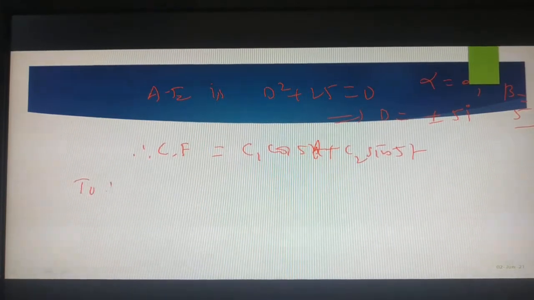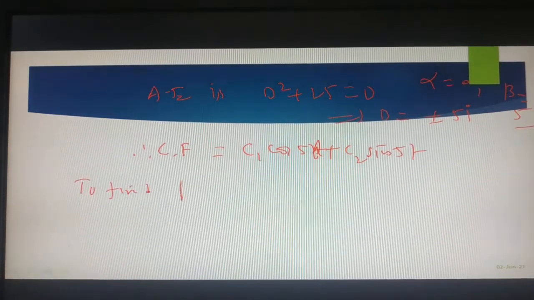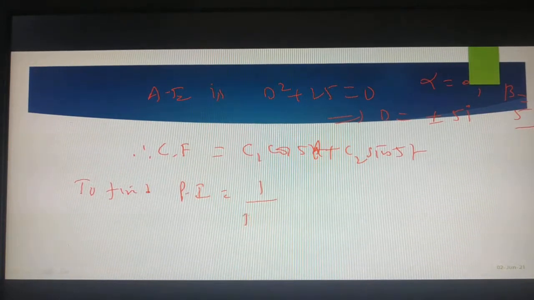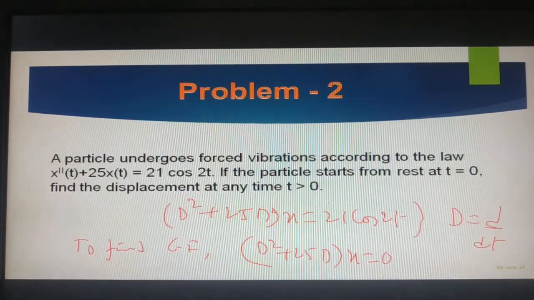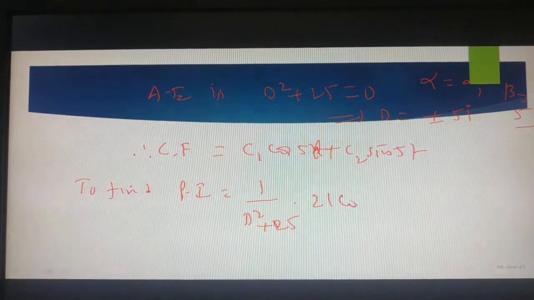To find the particular integral, what will we do? 1 by f of D, here D square plus 25, into the function, which is 21 cos 2t. So what is the coefficient of t here? 2.